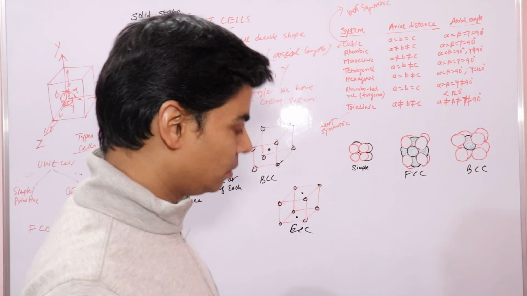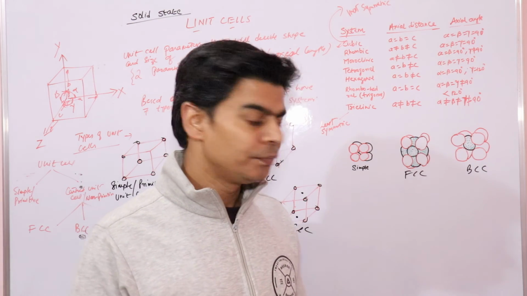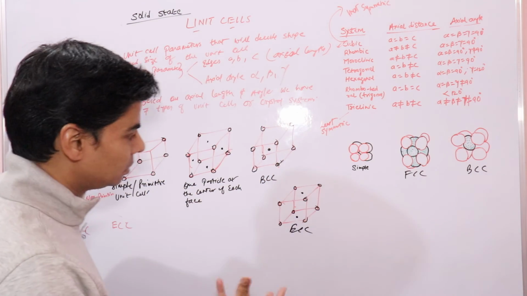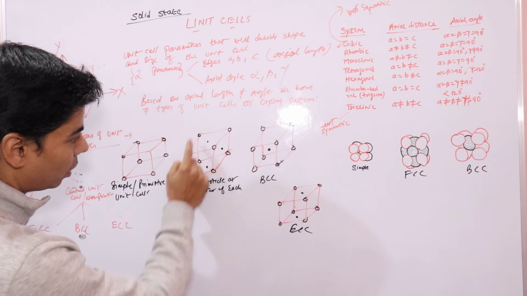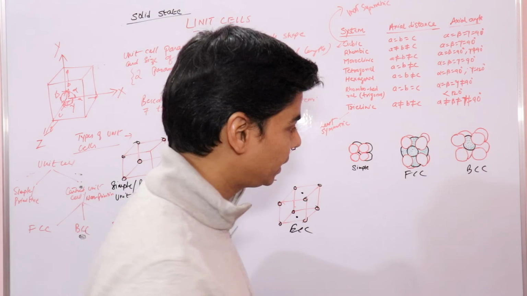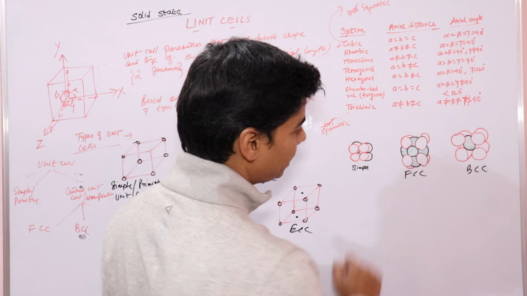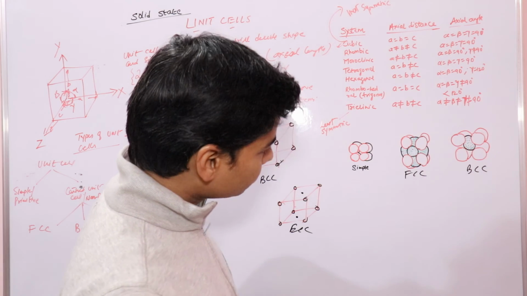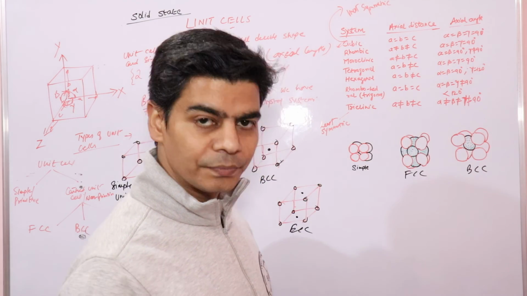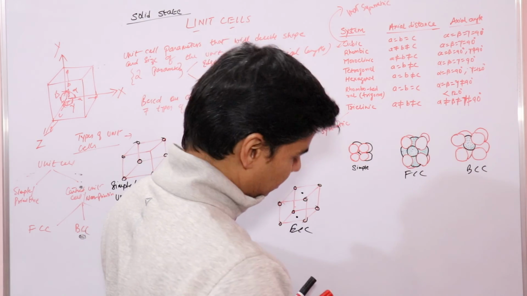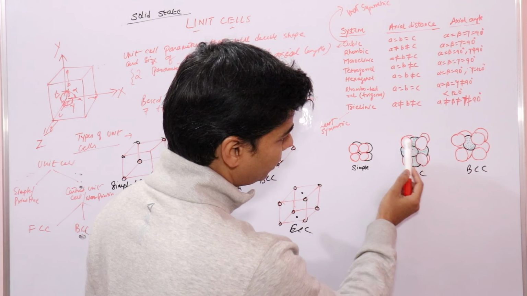In actual fact, these particles are not very small, right? These are bigger particles, so we represent each particle with a sphere, right? And you can see that in face centered, these are 4 faces, 1 2 3 4.